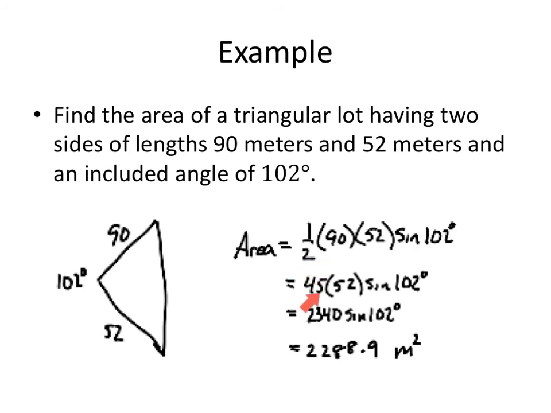Half of 90 is 45. I do a step at a time here. 45 times 52 is 2,340, multiplied by the sine of 102 degrees. And now I'll use a calculator and find that this is 2,288.9 square meters. Notice here, meters times meters gives me meters squared for area.